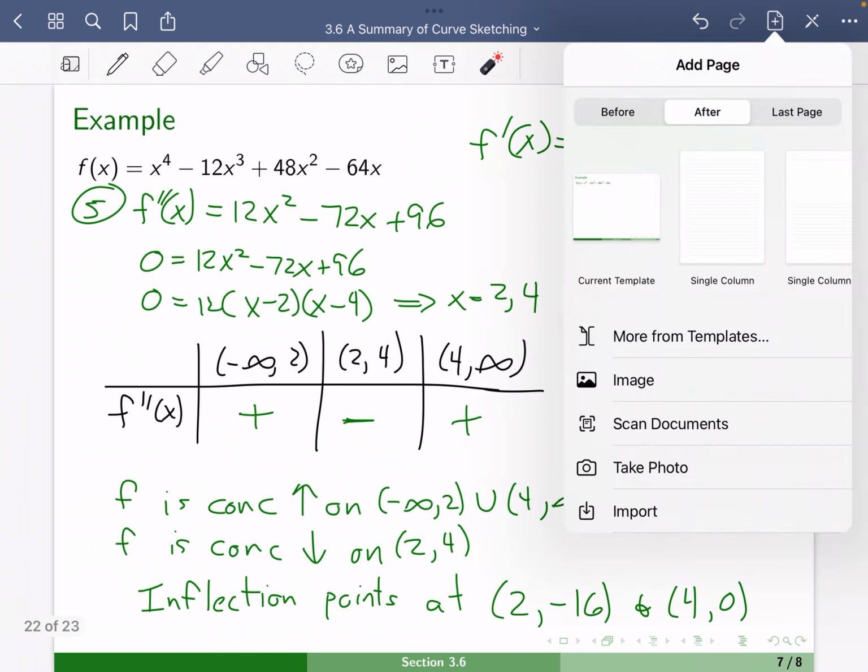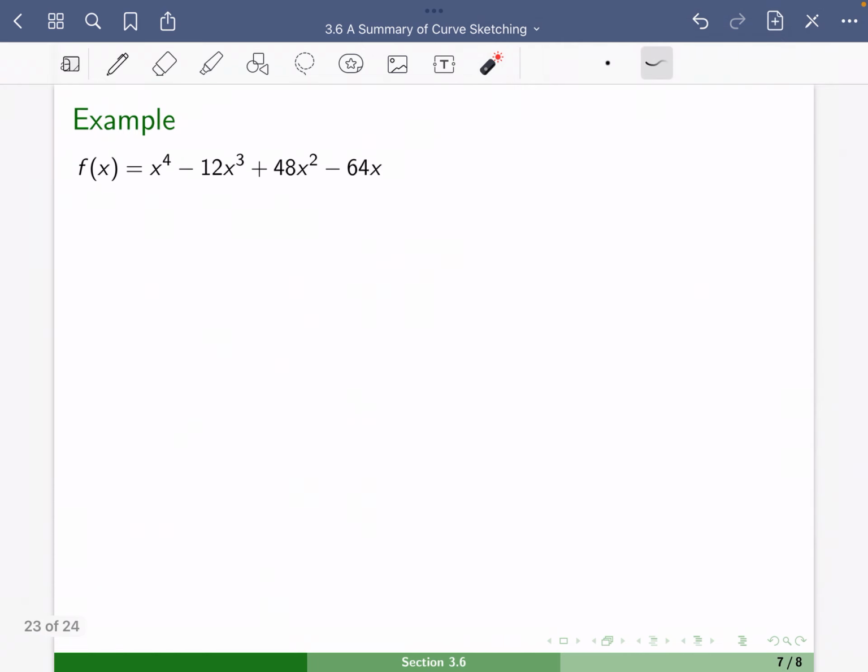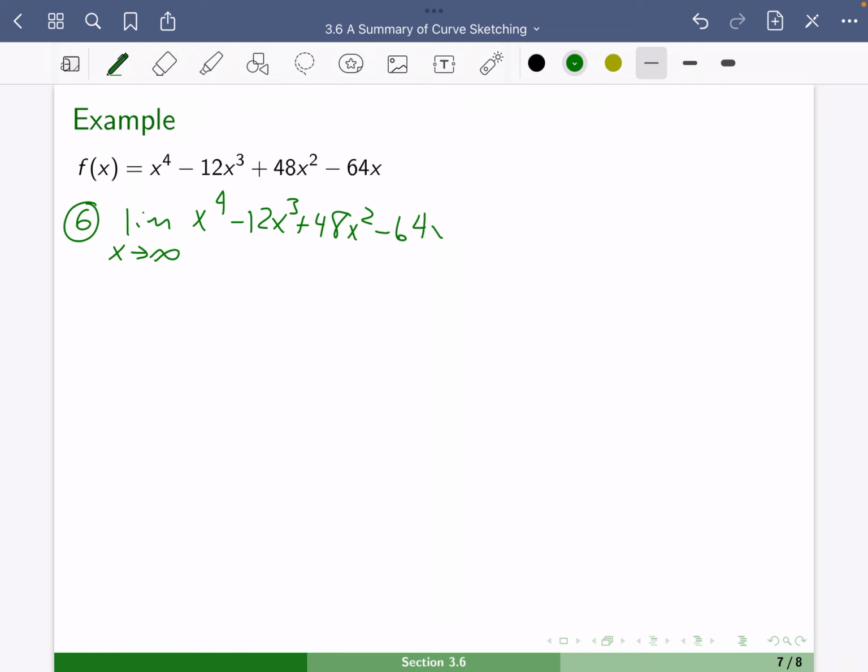Let's look at the end behavior. Limit as x approaches infinity: as x heads towards infinity, this function is heading towards infinity.